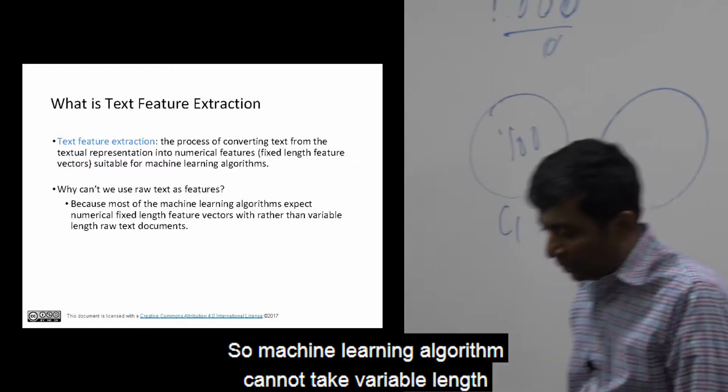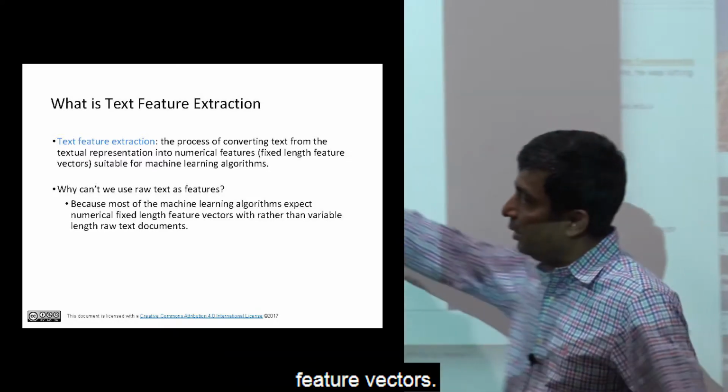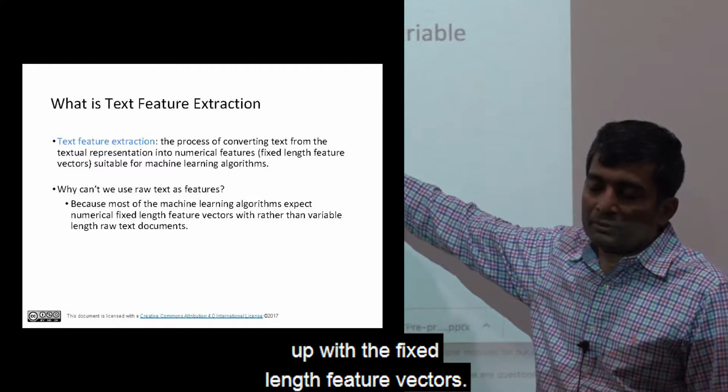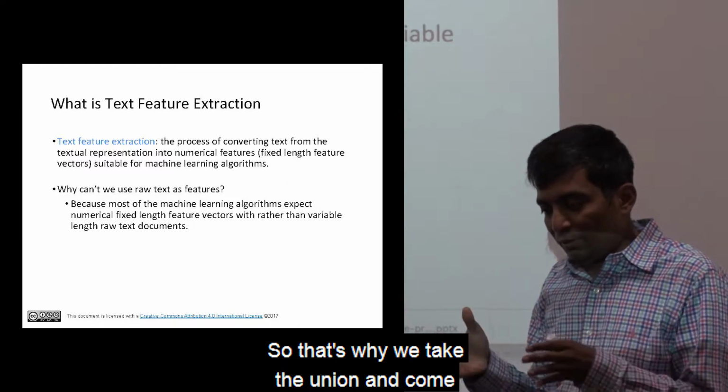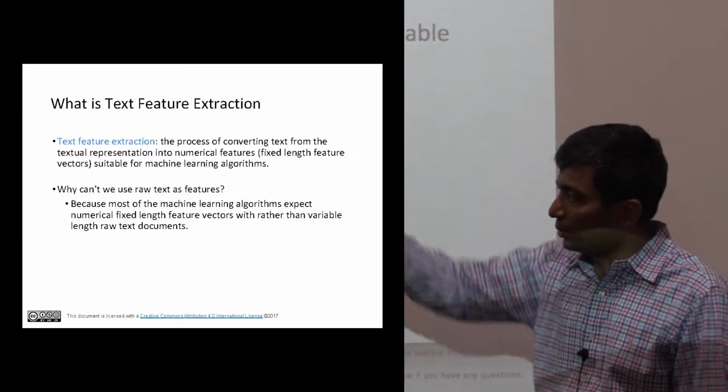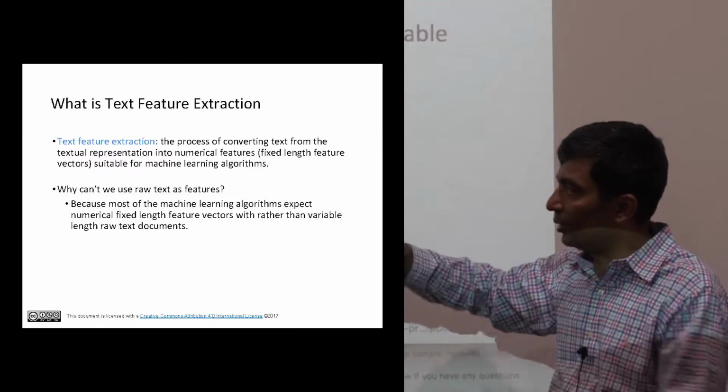Machine learning algorithms cannot take variable length feature vectors. That's why we have to come up with a fixed length feature vector, so we take the union and come up with the 10,000 dimensions.